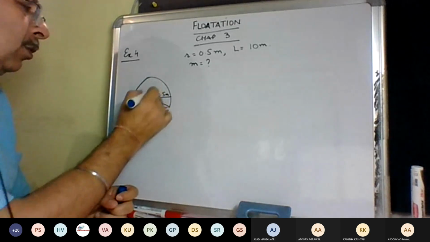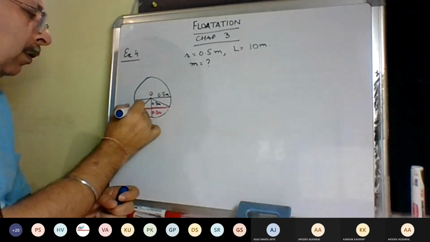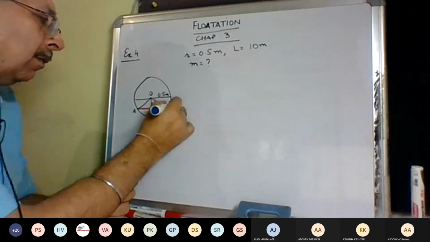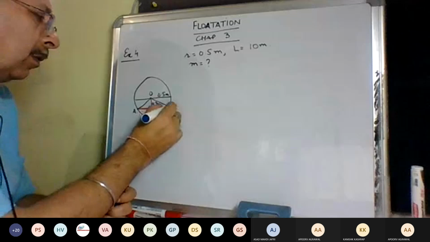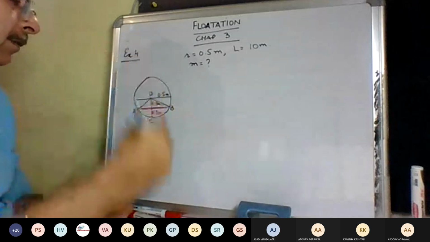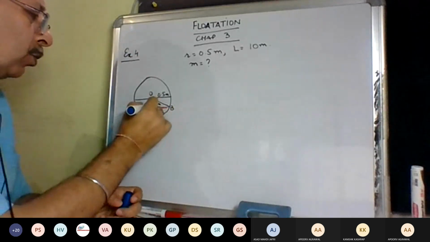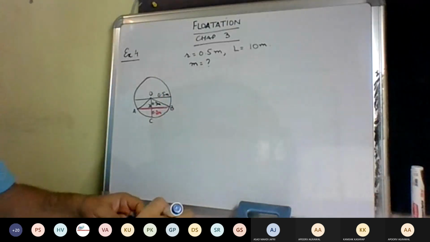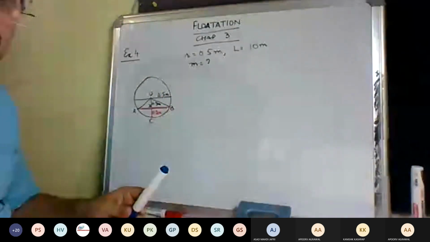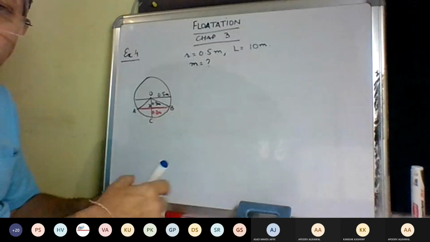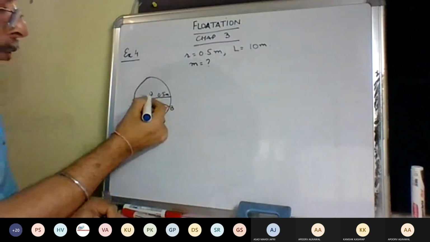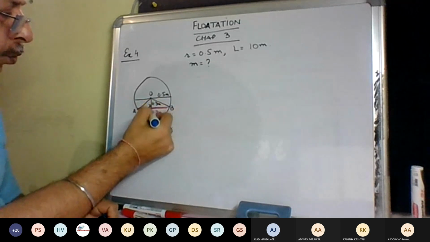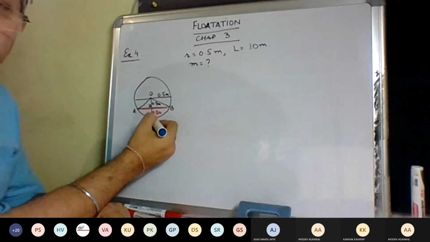Let's give some names. O, A, B, and C. Let's call this as D. So in this particular thing, OA is equal to OB is equal to OC because it is a radius.